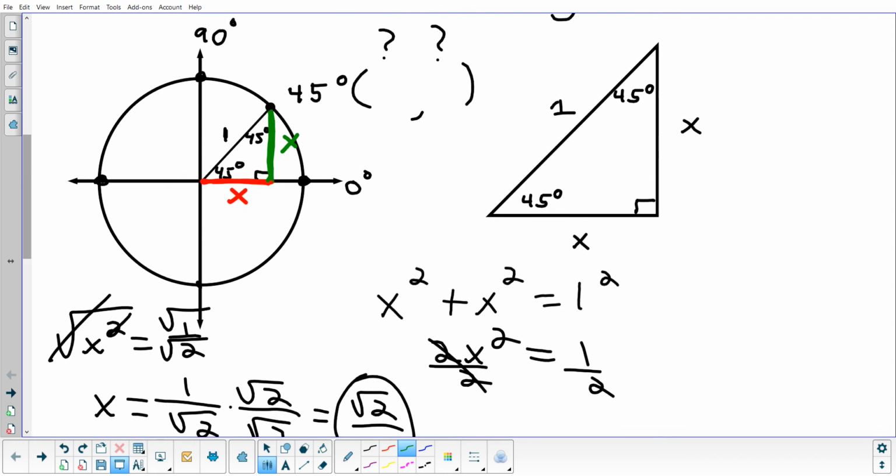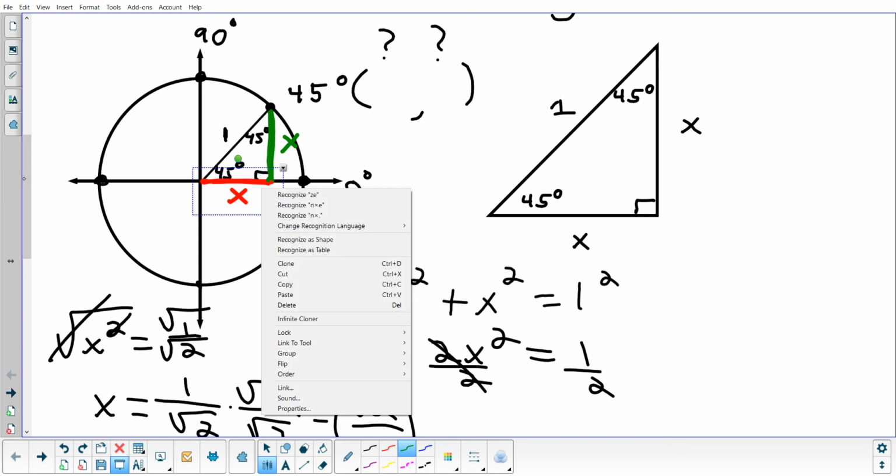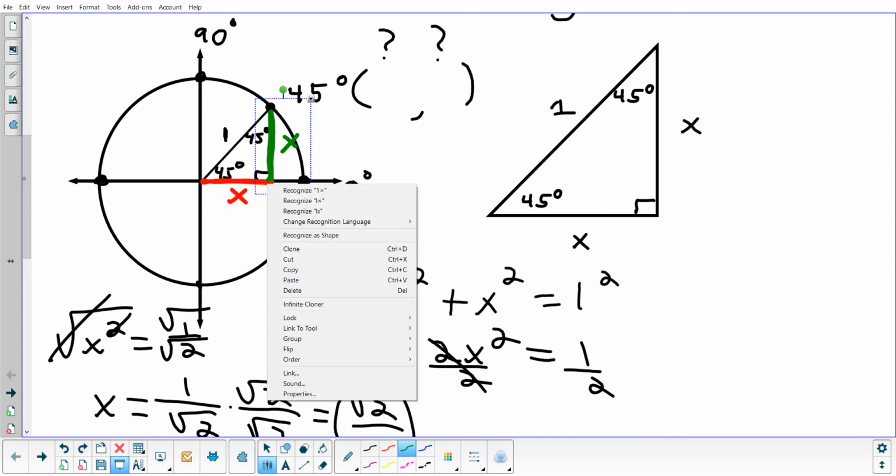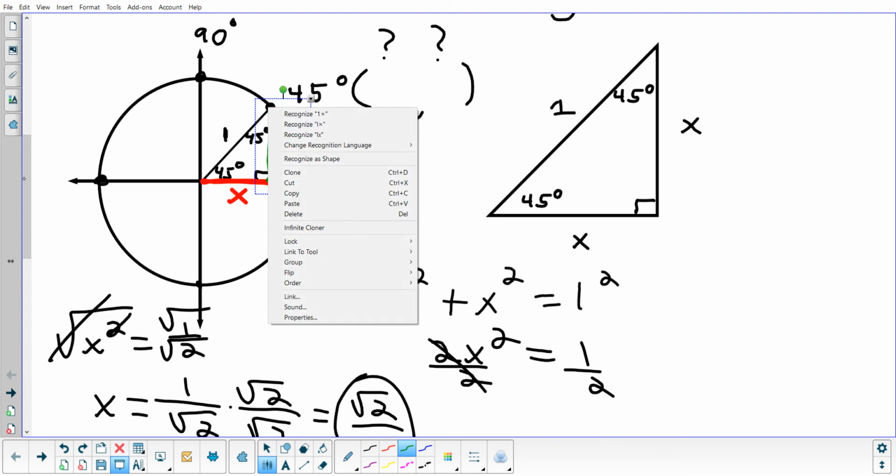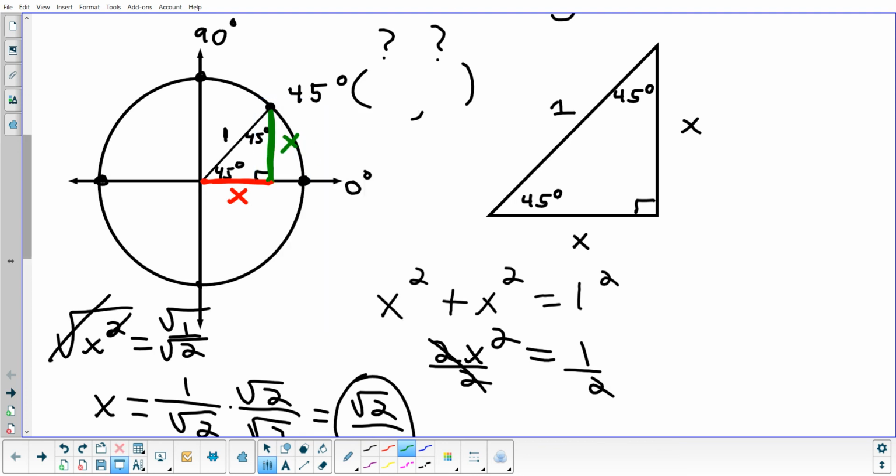So we know the distance from the origin to the end of that red line, and we know the distance from right there straight up to the coordinate. So what would I write down for the coordinate of 45? Square root of 2 over 2, comma, square root of 2 over 2.